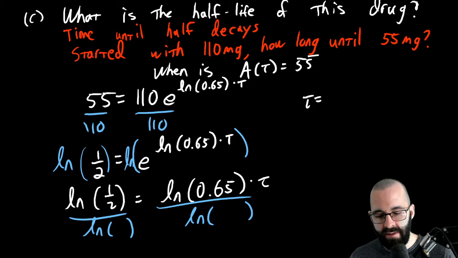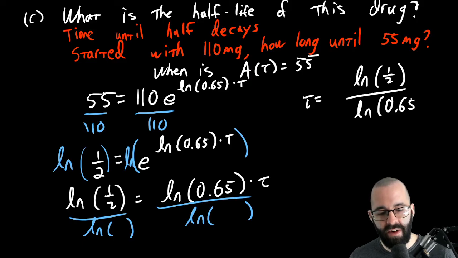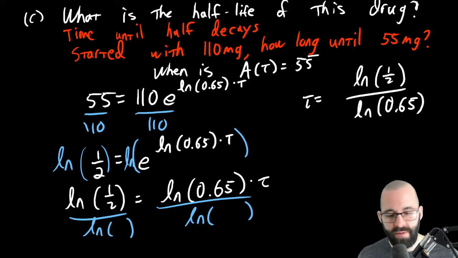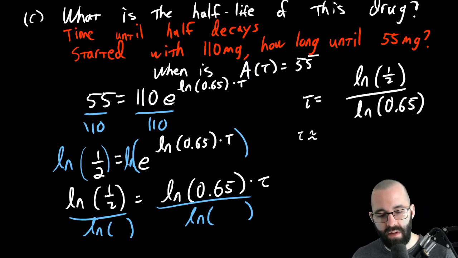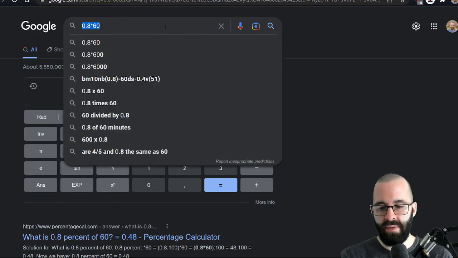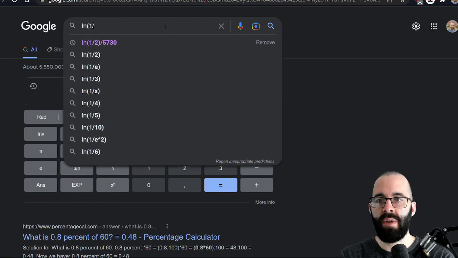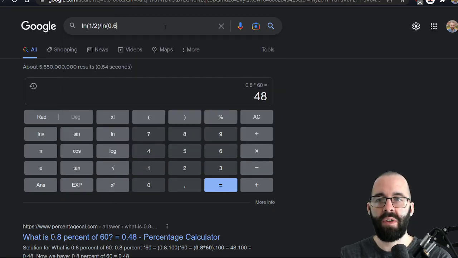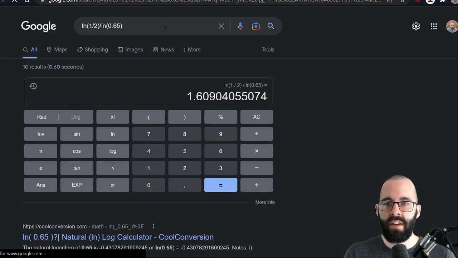And we're going to get that t is equal to the natural log of 1/2, or negative natural log of 2, divided by the natural log of 0.65. Type that into a calculator and we're going to be good to go. Natural log of 1/2 divided by the natural log of 0.65 is about 1.6090.